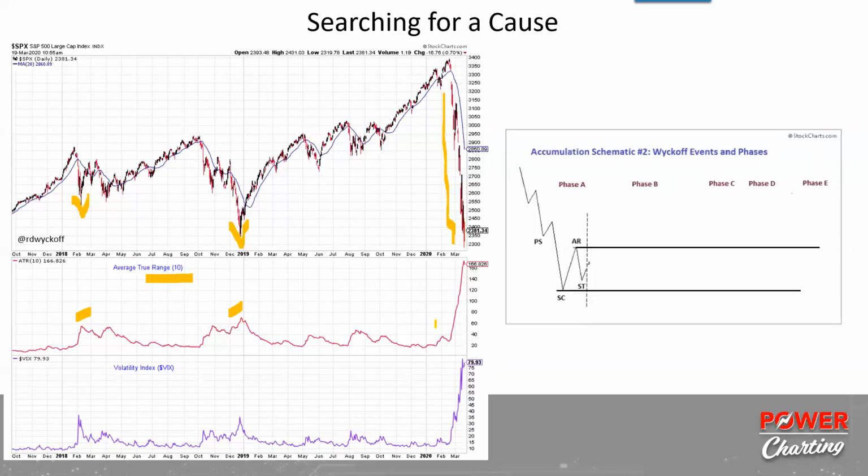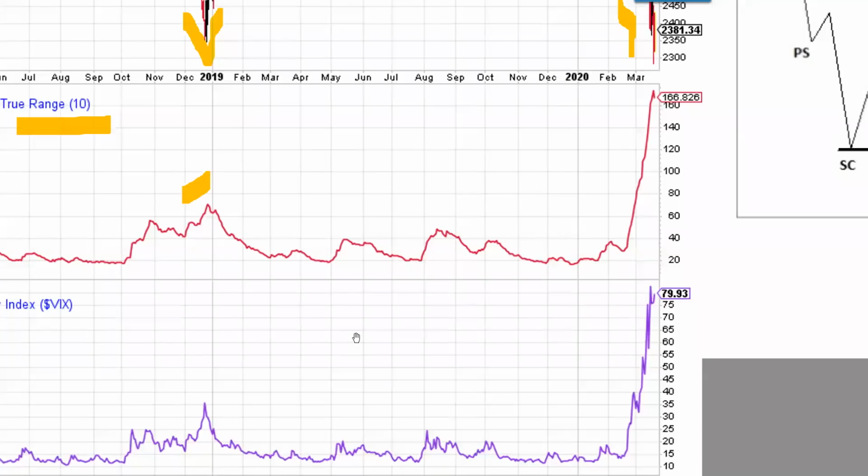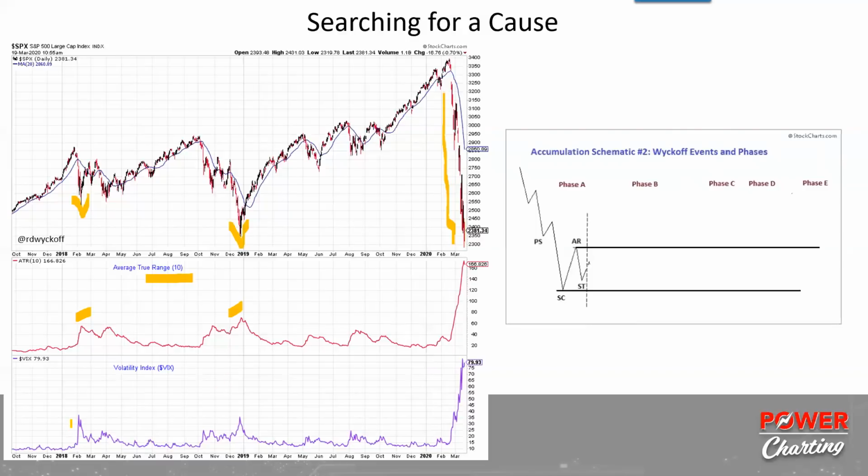In this area, you can see that we've gotten all the way up to, let's blow this up, 166. And with the VIX up to a record, I believe, of, let's just call this 80. You can see the VIX in these extremely volatile declines that preceded it. So this is relatively unprecedented.